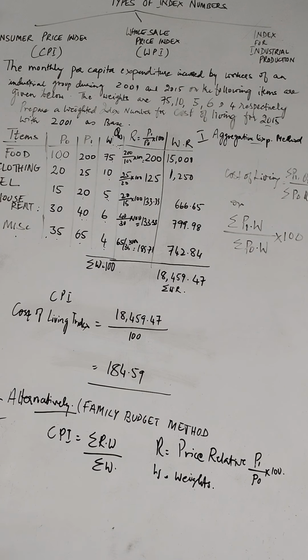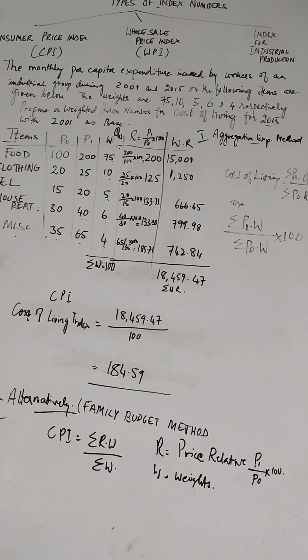Now we should make a note that the methods of constructing the weighted index numbers should more or less give the same result, but sometimes they do not. So that's why we write approximately. So sometimes indices are also given in place of price relatives.